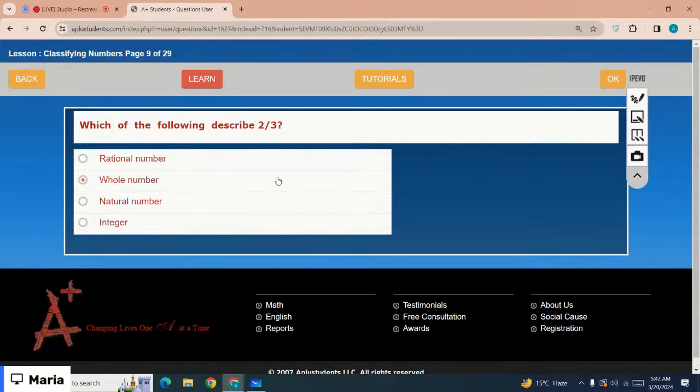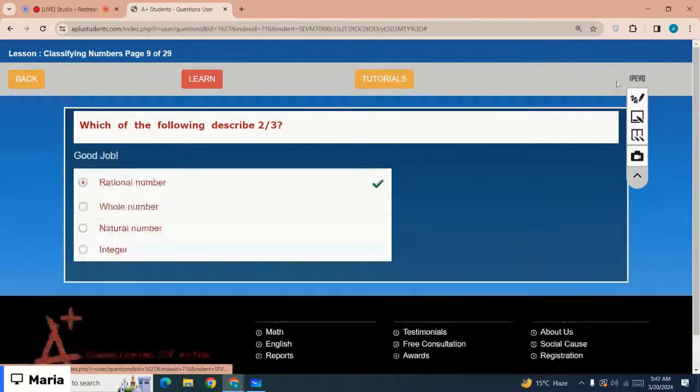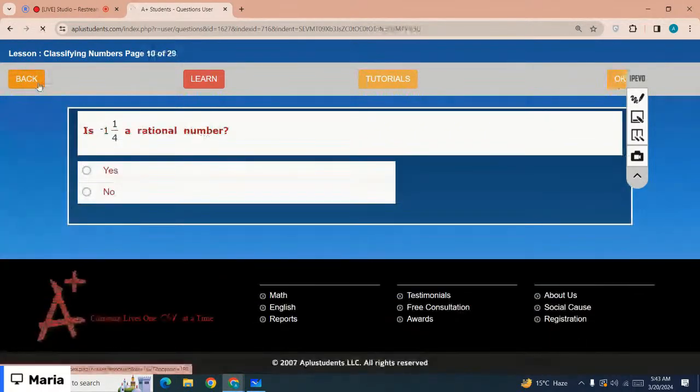No, rational number it is, right? You can write the rational number in fractional form, so that is a rational number. Okay, you can complete the lesson by yourself later today.